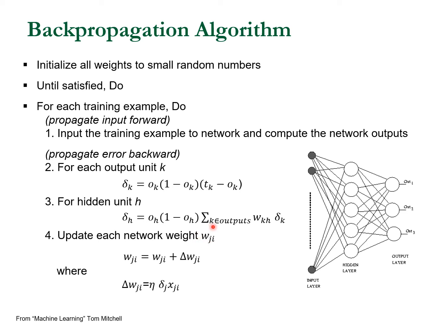This weight value wji is the weight from node I to node J, not from node J to node I. And xji is the input value from node I to node J. Finally, this is the current value of W, and it is updated by delta Wji, where eta is the learning rate, which is constant, times delta times the x input, which is given here. So the only thing that matters here is delta J.